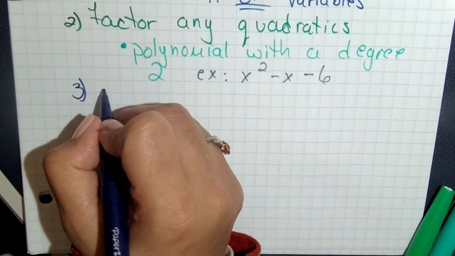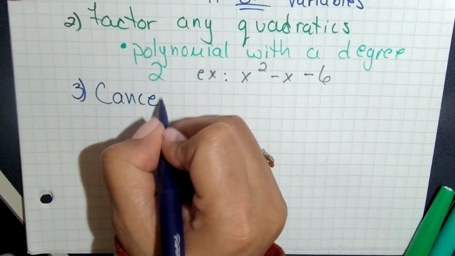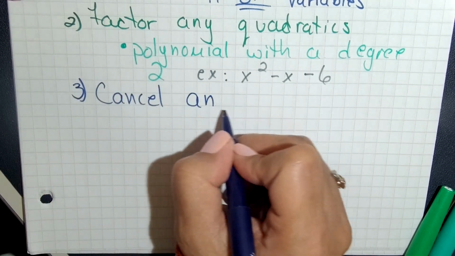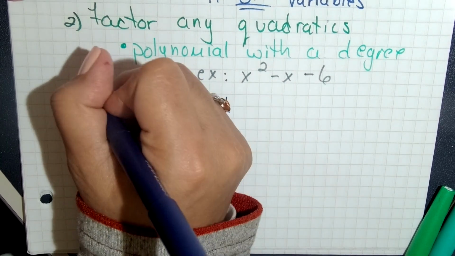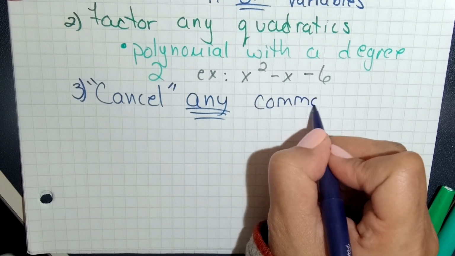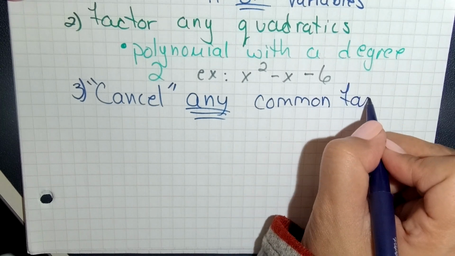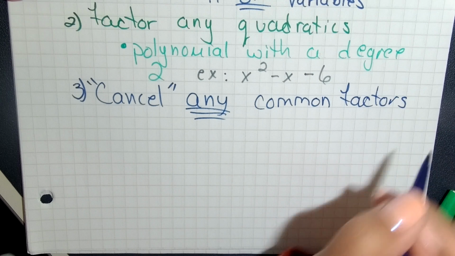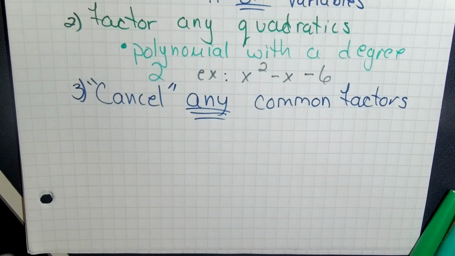Your next step is to cancel any common factors. Any of them. If there's one common factor, you cancel it out.